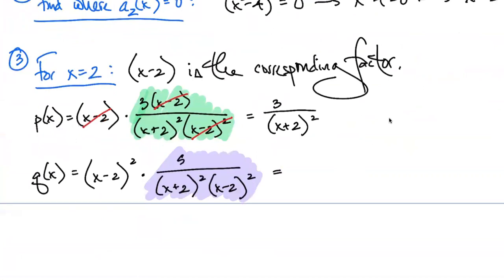Right, so take a moment and do some reducing. Let's see what we end up with. All right, and I think we'll notice that this x minus 2 squared and this x minus 2 squared reduce. And we're going to end up with 5 over x plus 2 squared.